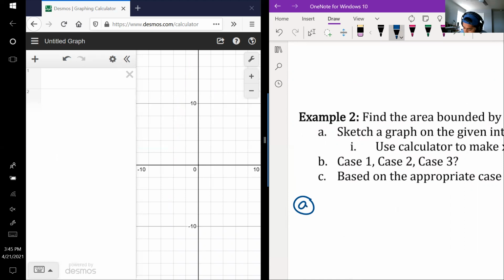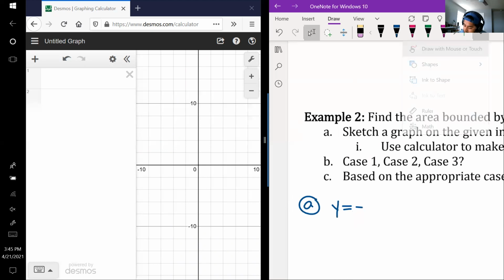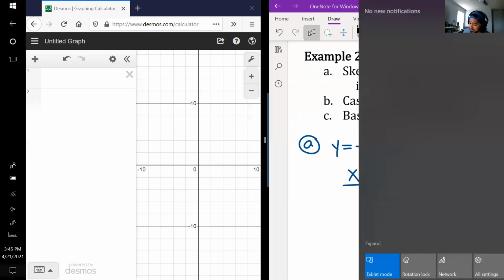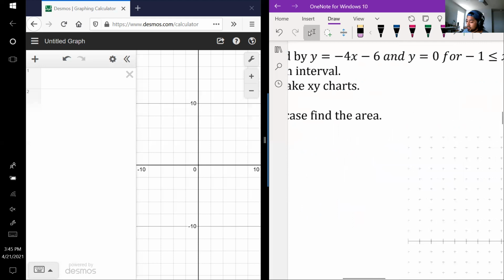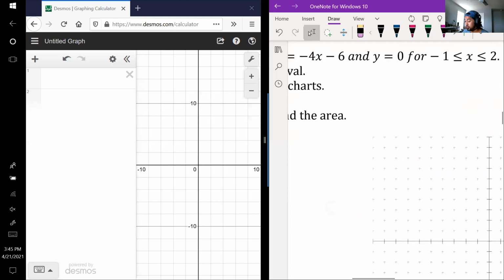So here's going to be A, and we have the first function y equals -4x minus 6. Make my XY chart. And once again, it's telling us what x values to use. It says use the x values from -1 to 2.